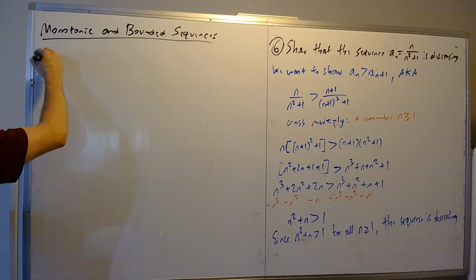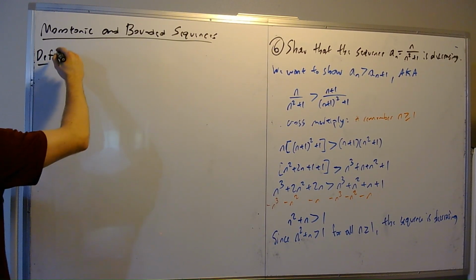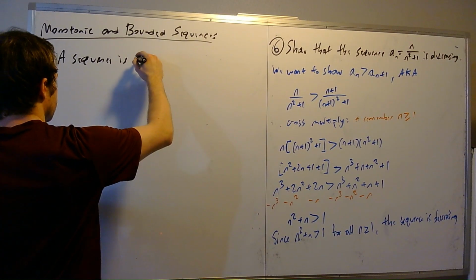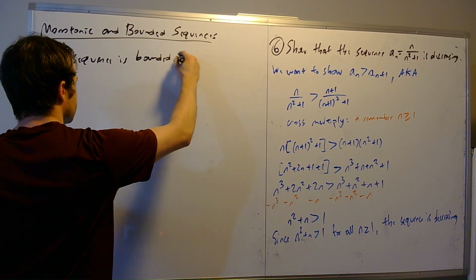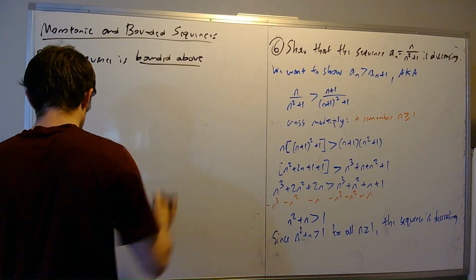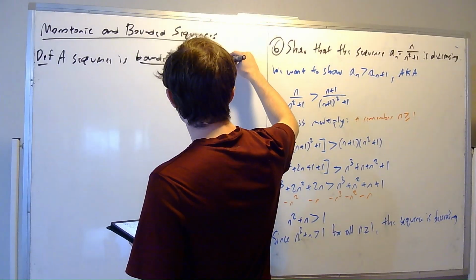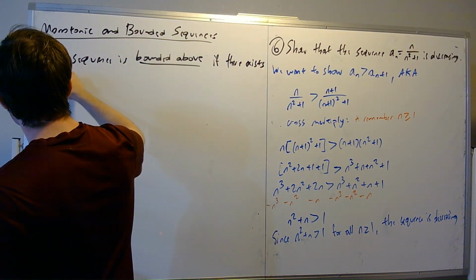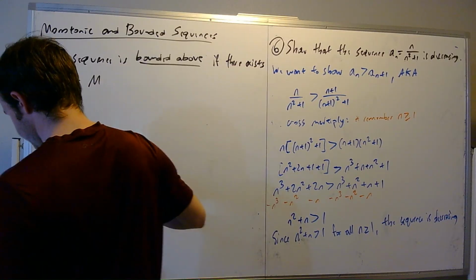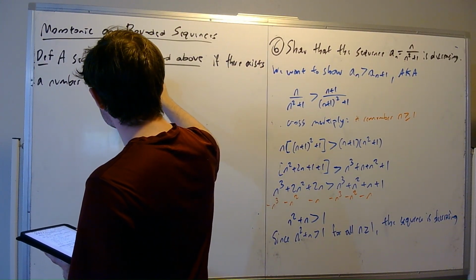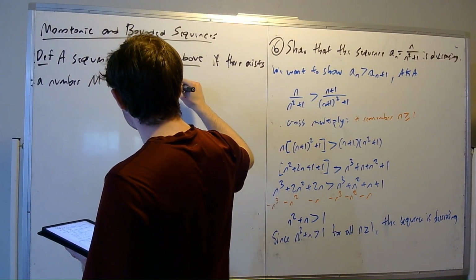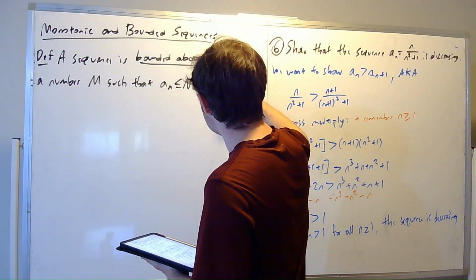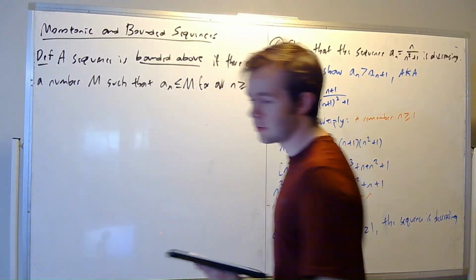So definition, a sequence is bounded above if there exists a number M such that a_n is less than or equal to capital M for all n greater than or equal to 1. So that's kind of what you would expect it to mean, right?